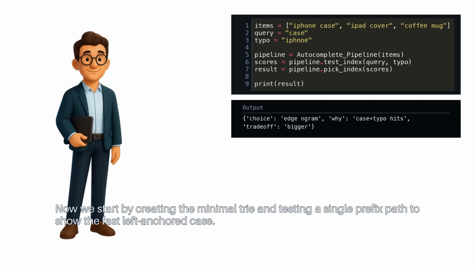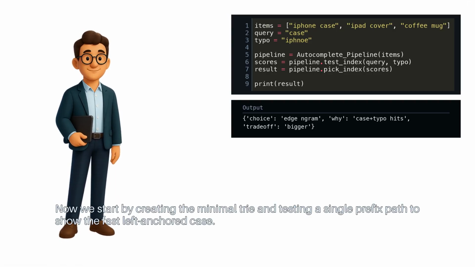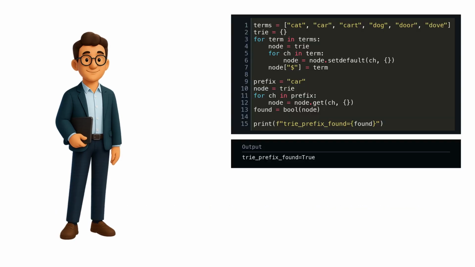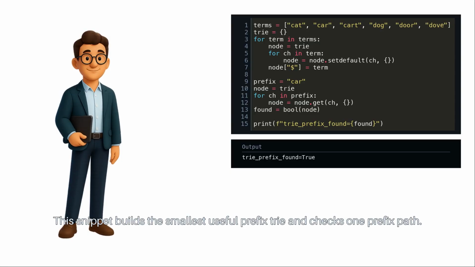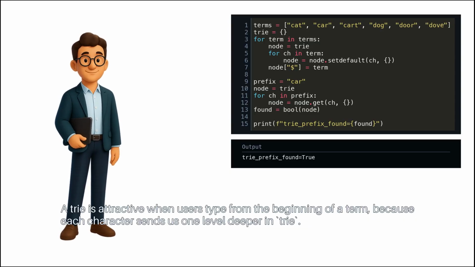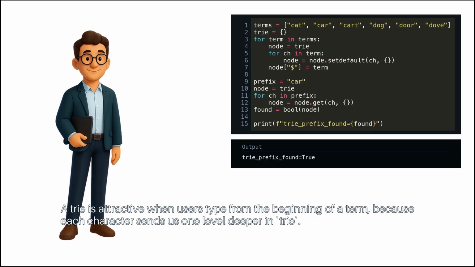Now we start by creating the minimal trie and testing a single prefix path to show the fast left-anchored case. This snippet builds the smallest useful prefix trie and checks one prefix path. A trie is attractive when users type from the beginning of a term because each character sends us one level deeper in the trie.